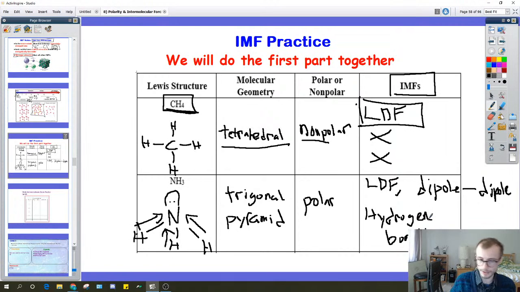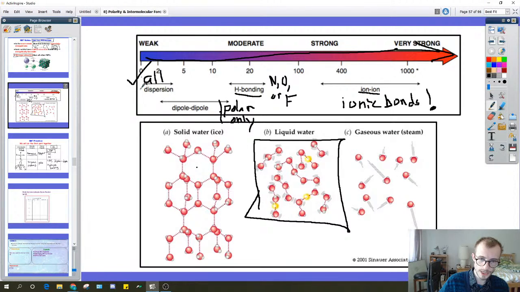So I think that's where I'm going to leave it for now. Just remember, dispersion is the weakest, then the dipole forces, then hydrogen bonding, and if you have an ionic substance, then the ionic bonds are even stronger than that. Every single molecule has dispersion forces.